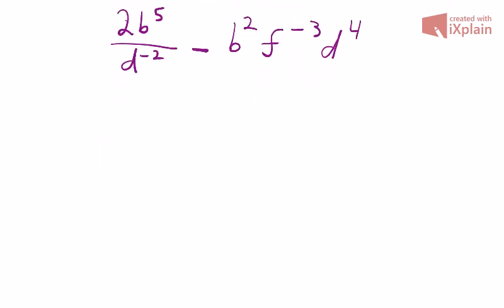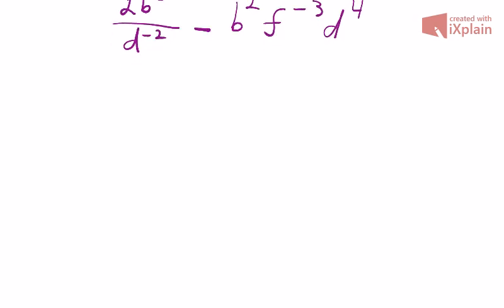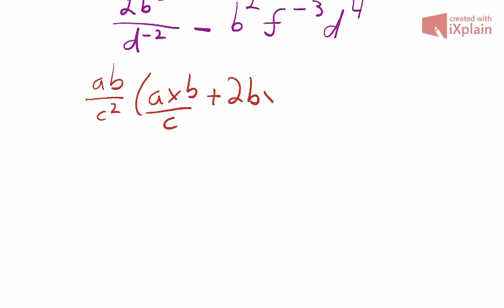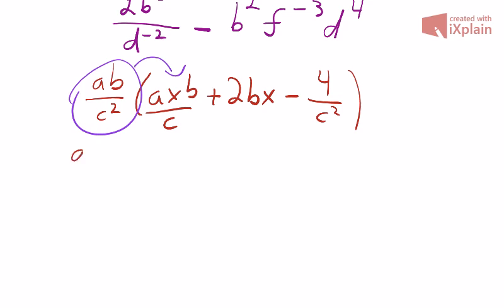And just so that we have one more example, we're going to try distributing with multiple operations. So my example here, the last one, let's do this in a wonderful maroon color, it's going to be ab over c squared times axb over c plus 2bx minus 4 over c squared. Awesome. So our first step here is going to be taking this and distributing it inwards, giving me ab over c squared times axb over c.